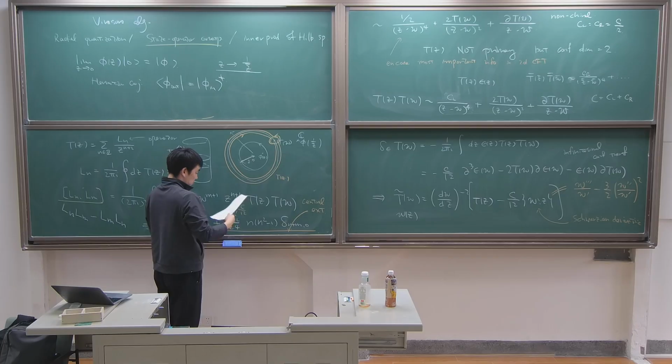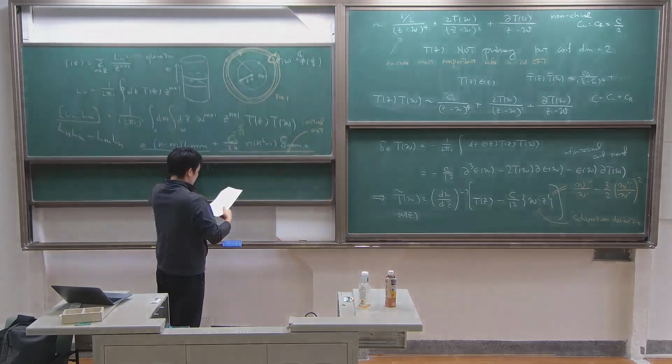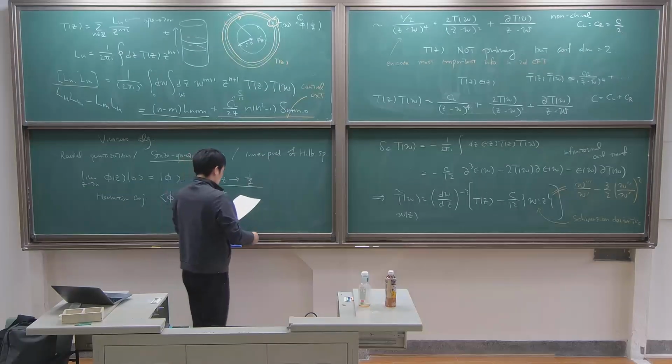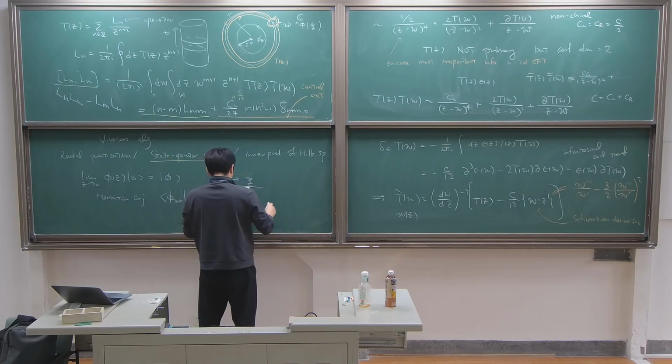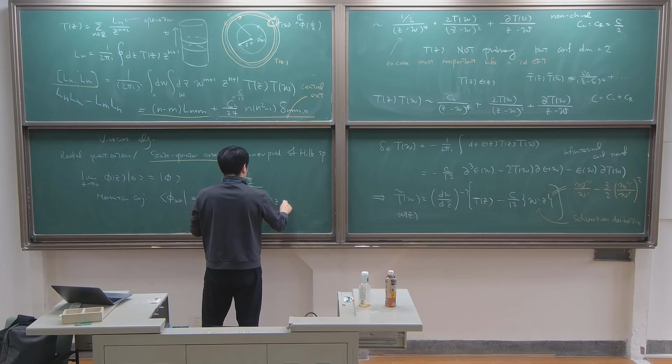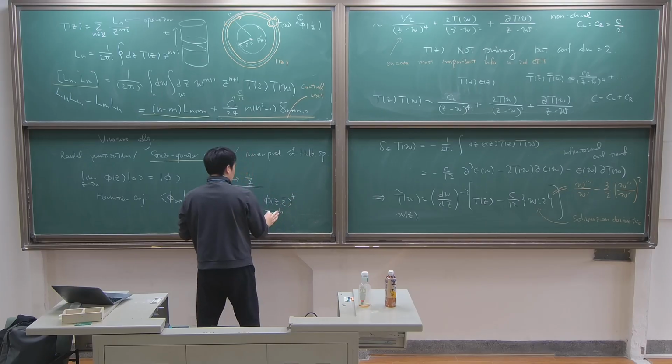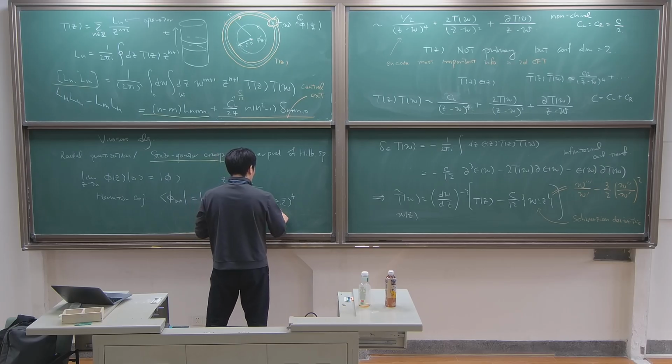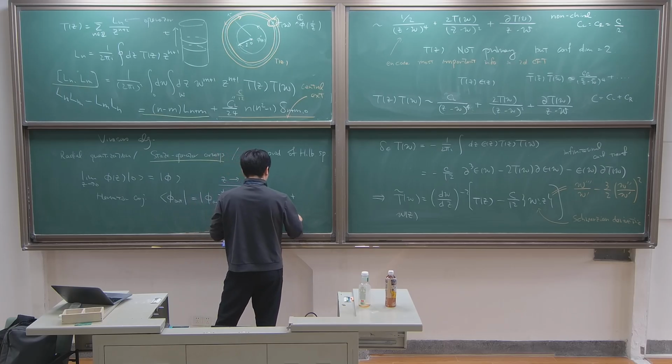So therefore, what you need to define is that phi of z, z bar, dagger is equal to z bar to the minus 2h, or 2 delta, whichever is okay, times z to the minus 2 delta bar, and phi of 1 over z bar.